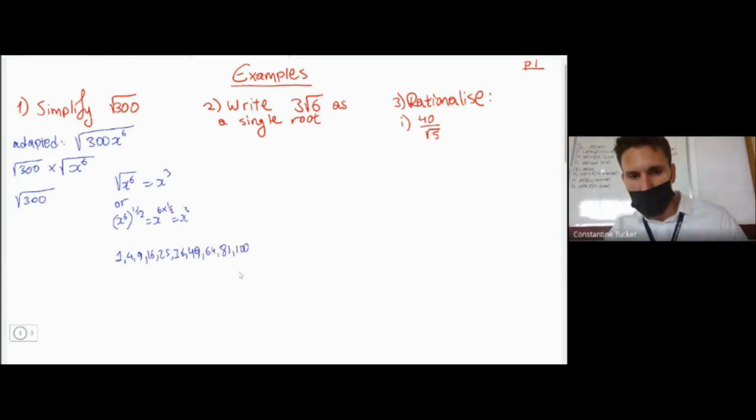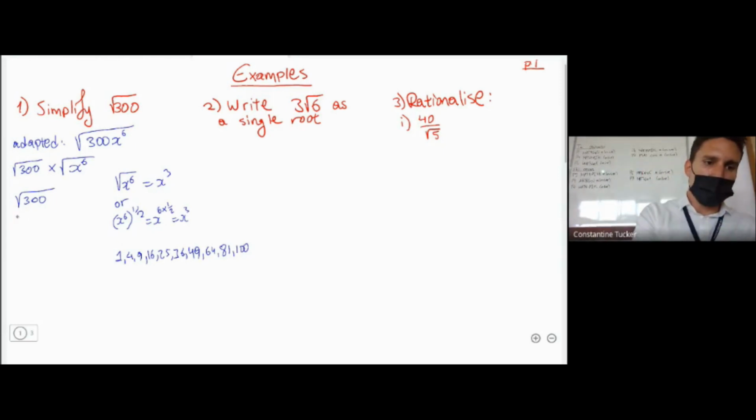Oh, there you go. 100 seems to be convenient. So you can rewrite this 300 as the square root of 100 times 3. And then that means we can break it down into the root of 100 times the root of 3. And we know that the root of 100 is 10. So we get 10 times root 3, or just 10 root 3.